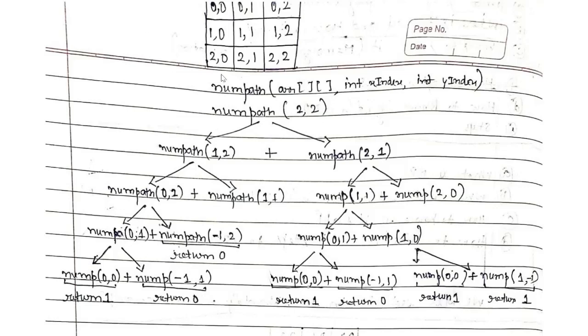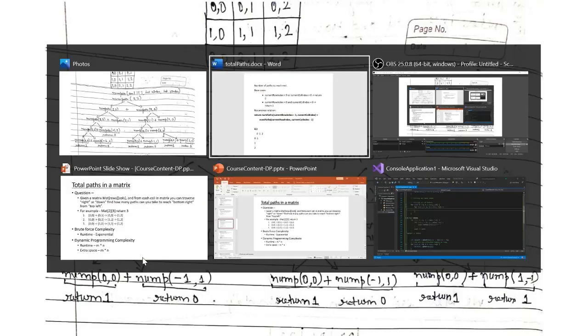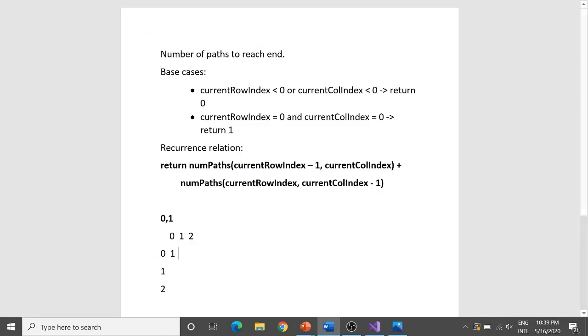In the case of 0,1, what is the value present at its left hand side? It would be 0,0. What is the answer to that? It is 1. So 1 plus 0 would be 1, and hence my solution to this would again be 1. And what does this 1 specify? It specifies that the total number of paths to reach 0,1 from source 0,0 is 1.